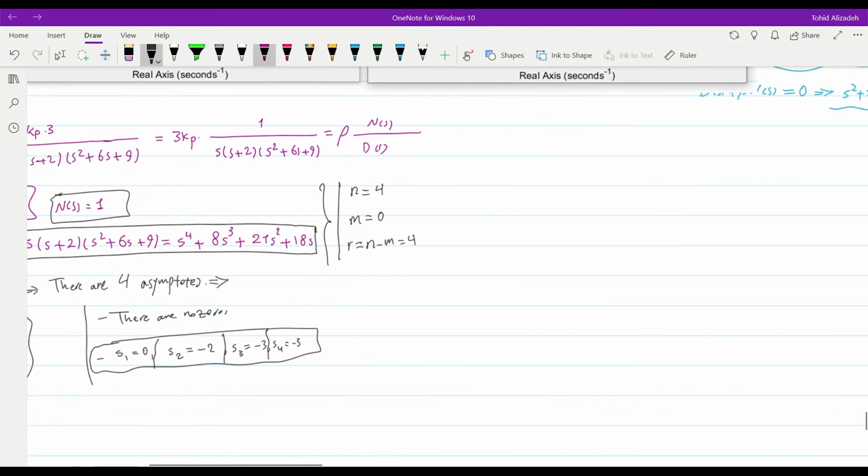Let's start by preparing the graph for the positive locus and the negative locus. This is what we have for the positive locus. We can also show the location of the poles at -2, and we have 2 poles at -3.